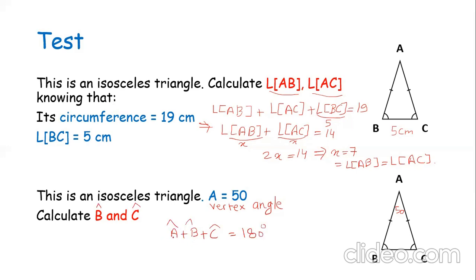I can treat B and C as x, the value which I want to calculate, since they are the base angles in an isosceles triangle, meaning that they have an equal measure. So this will give me A plus 2x equals 180 degrees, since this is treated as x and this is treated as x, since they have both equal measure.